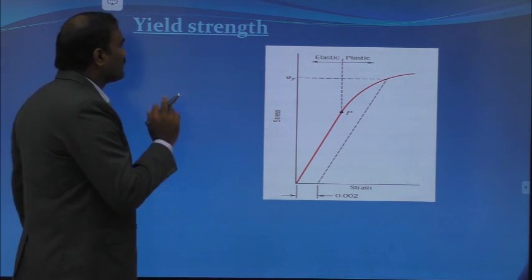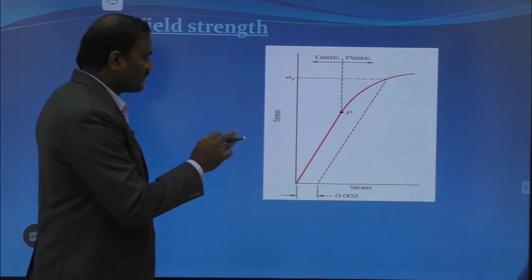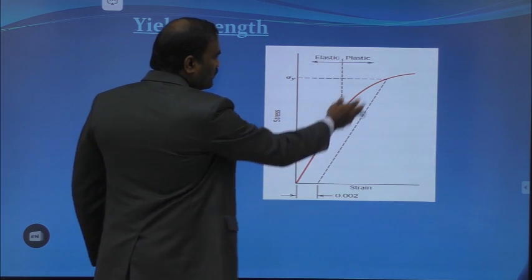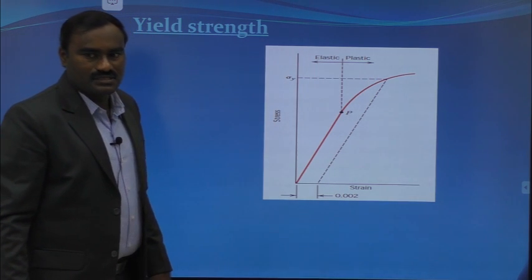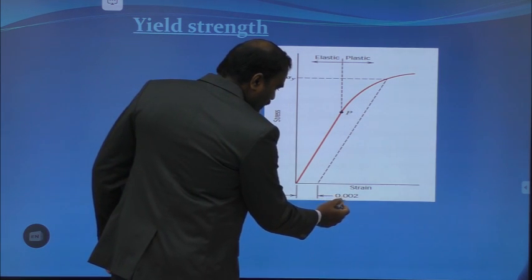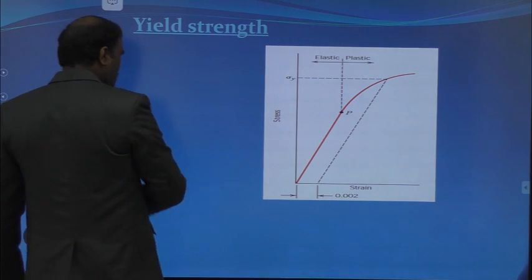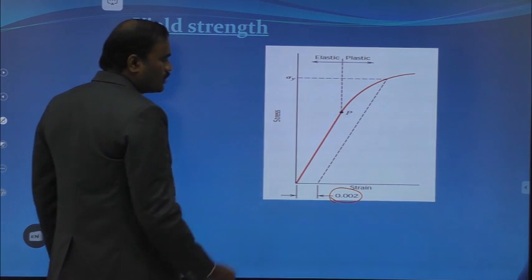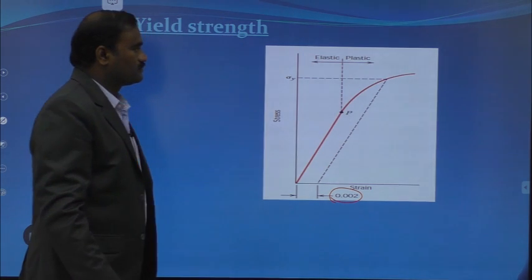So how to determine this yield strength practically? We apply some force, we measure the strain, and for the stress and strain values we plot a graph. If the graph is like this, to determine the yield strength, at a strain value equal to 0.002, we draw a line parallel to the stress strain curve.